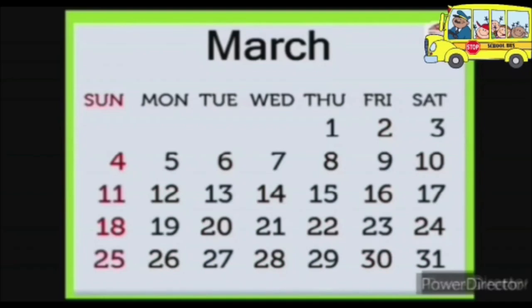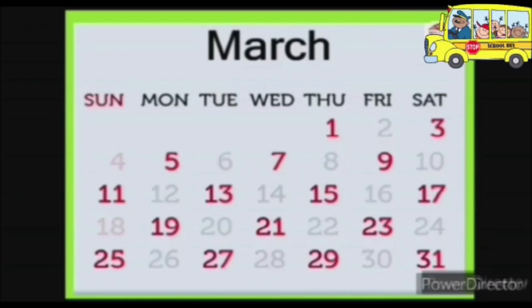Now let us see the odd numbers. All the numbers with the digit 1, 3, 5, 7 or 9 in the ones place are called odd numbers. We have successfully identified the odd numbers.